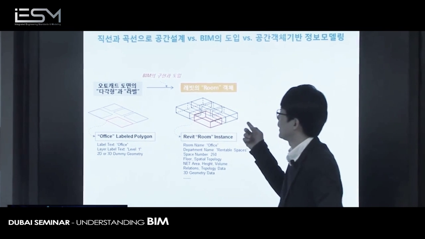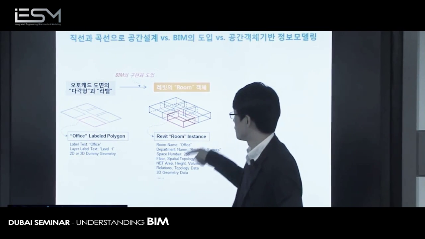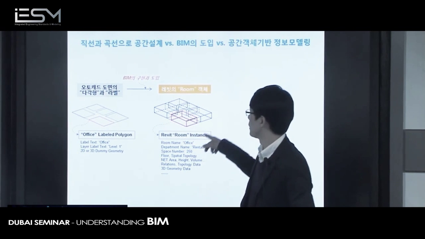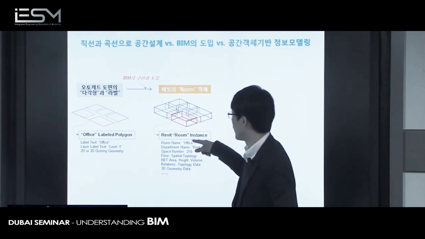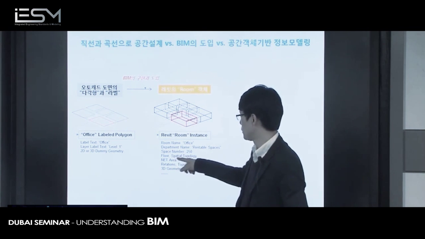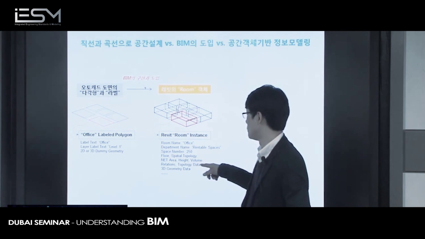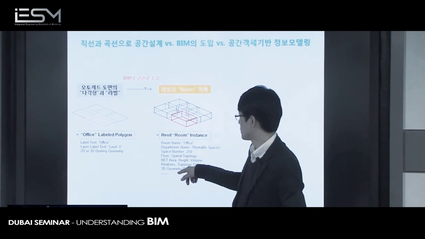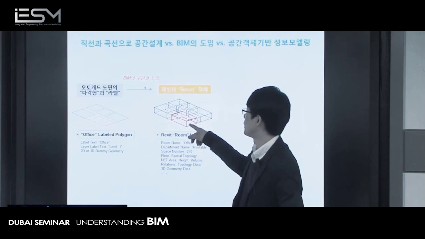But in BIM, for example Revit, there is a room instance, a room object. In other words, we can name it office and add its department, space number, floor topology, net area, height, volume, geometric relations, and topological relations, including 3D geometric data, on top of space objects.